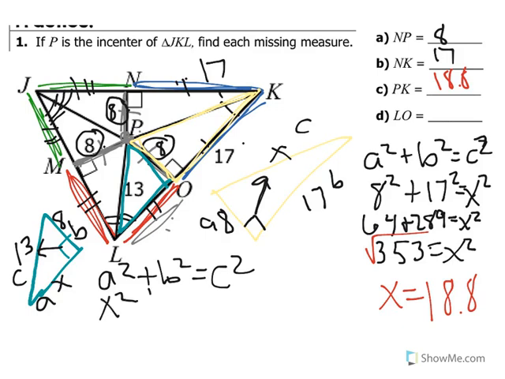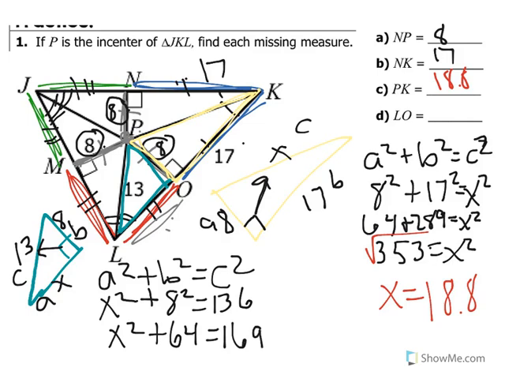So x squared plus 8 squared equals 13 squared. So we get x squared plus 64 is going to equal 169.